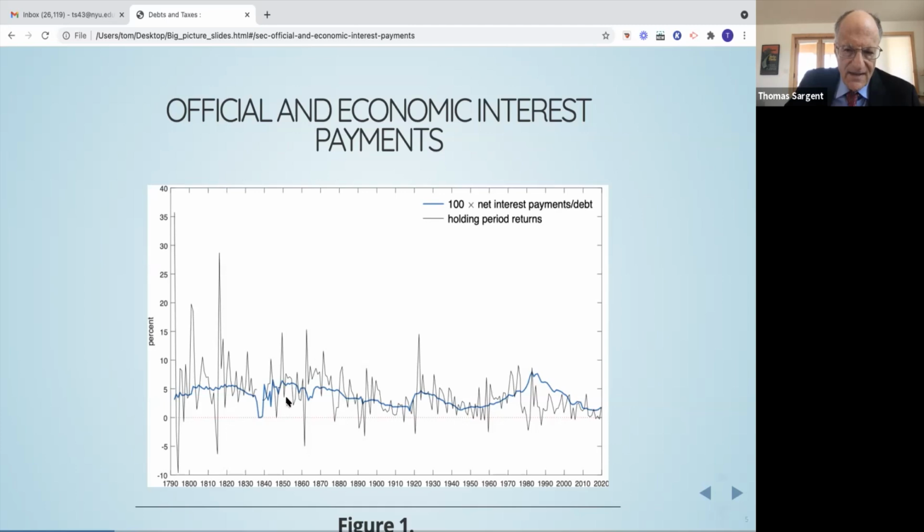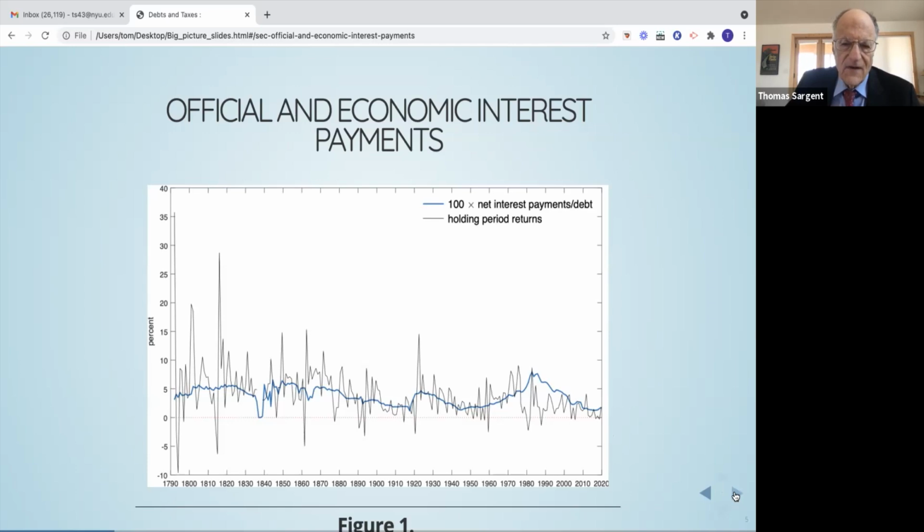The blue line is the number reported in the government statistics, and the black line is what the interest payments really are according to economic theory. And you'll notice a couple things. The Arrow-Hicks interest payments are all over the place. You know, they're quite volatile. And sometimes they can differ a great deal.